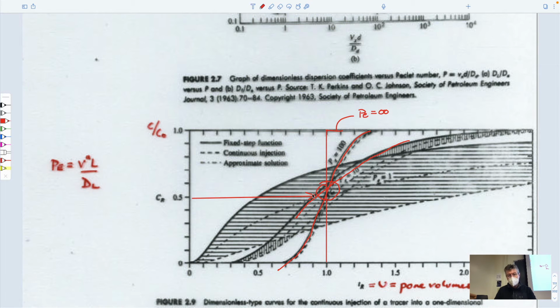But once you get to a smaller number, when this must be a Peclet number of 1, then it bears nothing like this step difference. So that's important. It means you can use these curves.